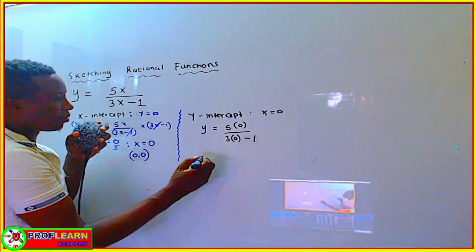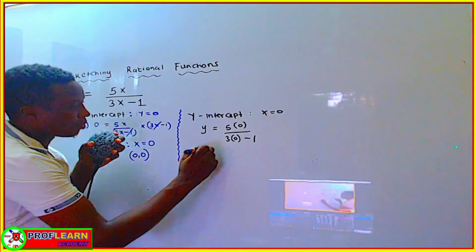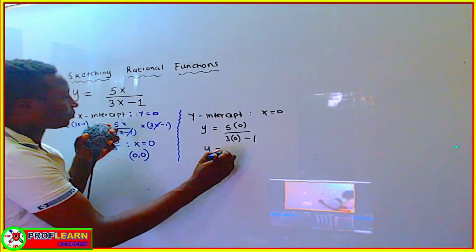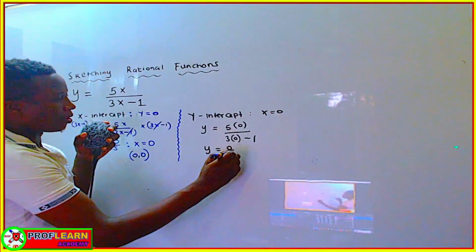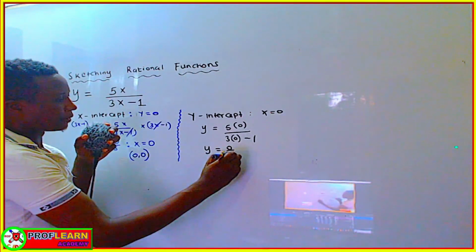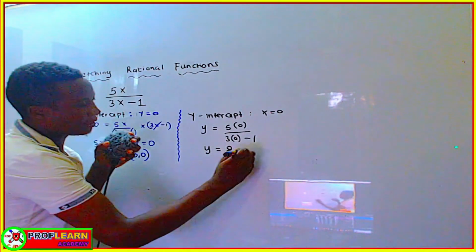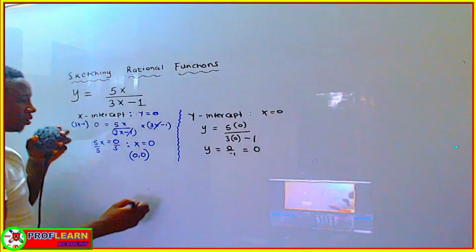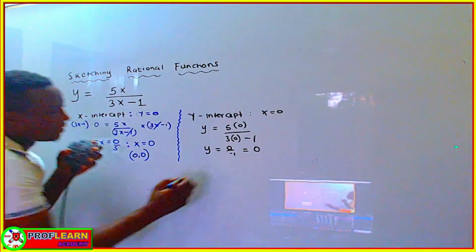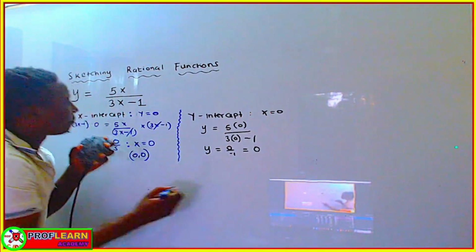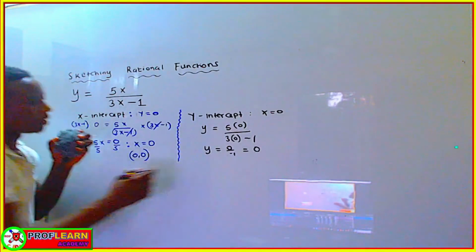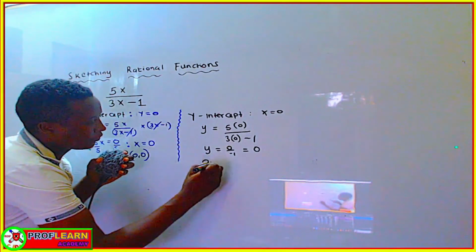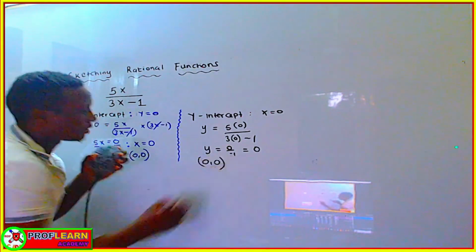So we end up having y equals 0 over -1, and basically that's going to be 0. The y-intercept is at the point 0, and that means the coordinate for that y-intercept is (0, 0).